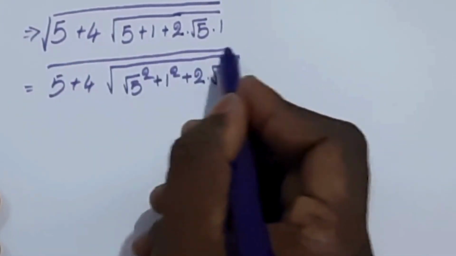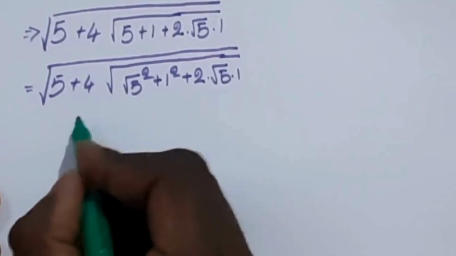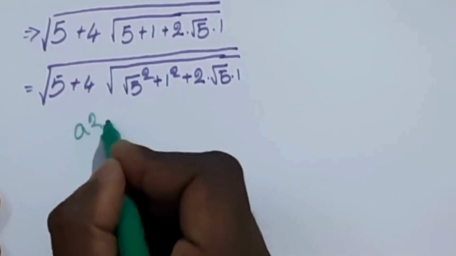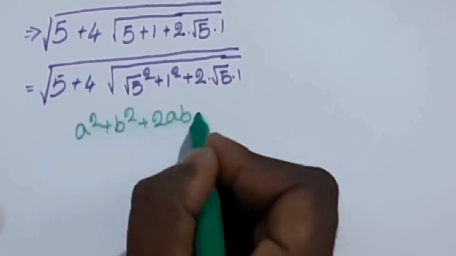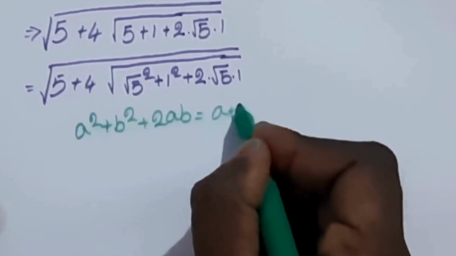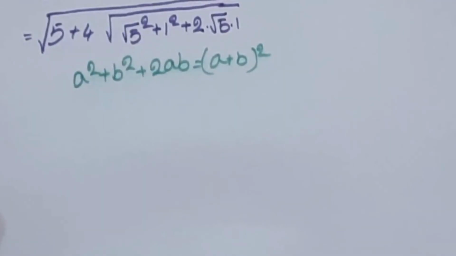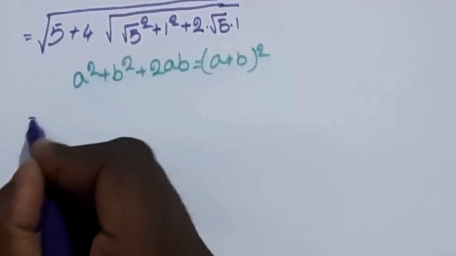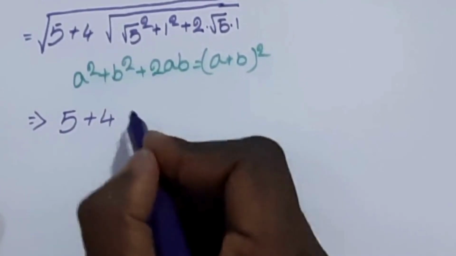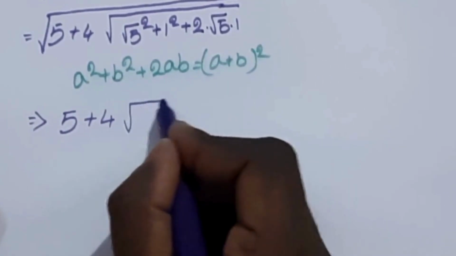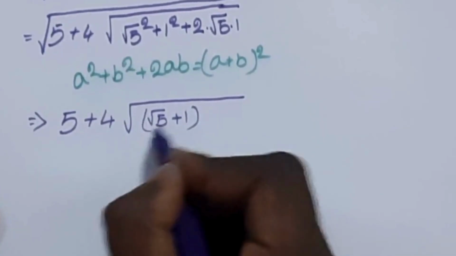Now we are going to apply this algebra formula, that is a square plus b square plus 2 times ab equal to a plus b whole square. This formula we are going to apply here. So we'll get 5 plus 4 square root of square root of 5 plus 1 whole square.